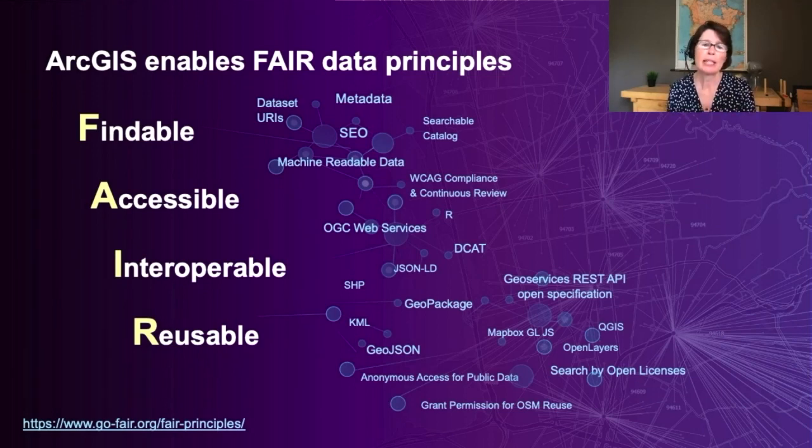Your geospatial data are interoperable, easily published and shared using international open standards like OGC Web Services and the emerging OGC API family of standards, as well as Open Geoservices specification. Your geospatial data are reusable when they're released with clear and accessible data usage licenses.